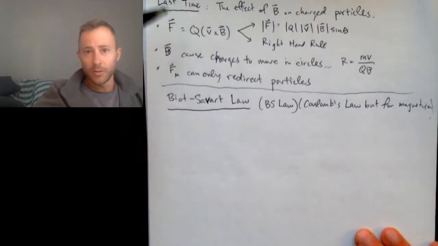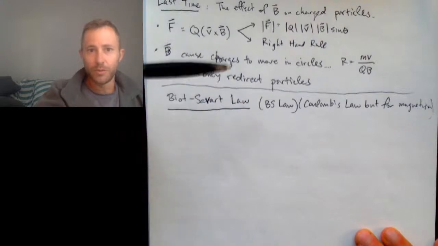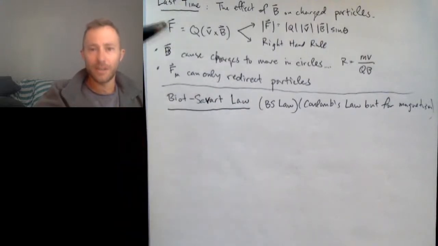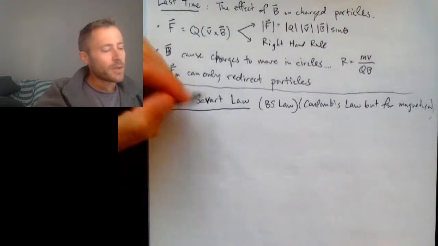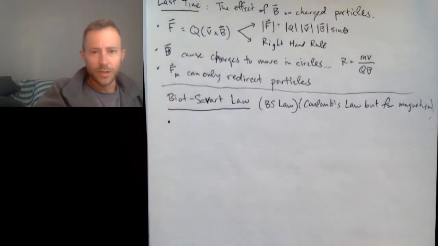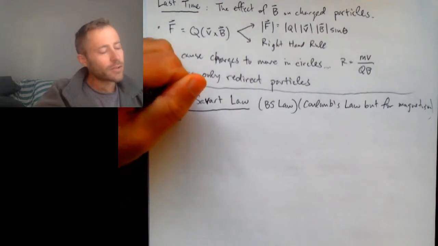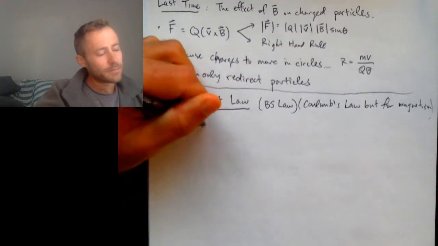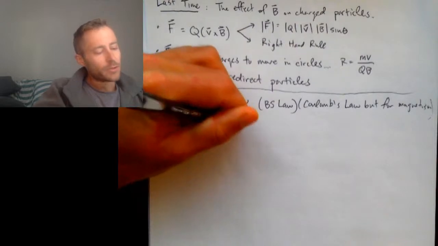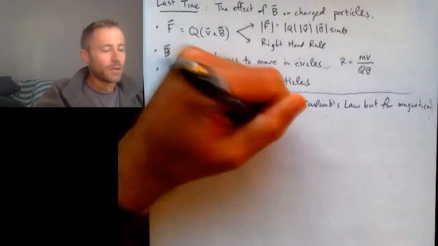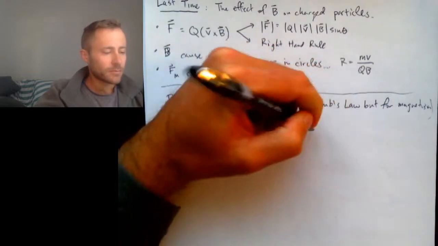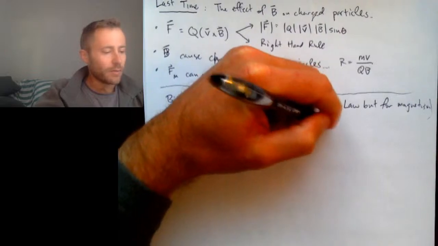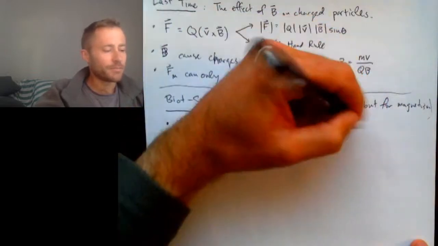So last time we learned what is the effect of the magnetic field, and we assumed that the magnetic field was a given. And now we're talking about how do we get the magnetic field in the first place. And so the first thing I'm going to say is that electric current, which is denoted by I, is the source of magnetism.